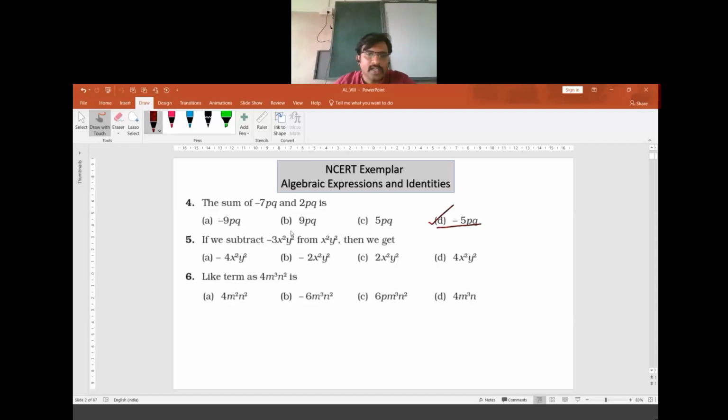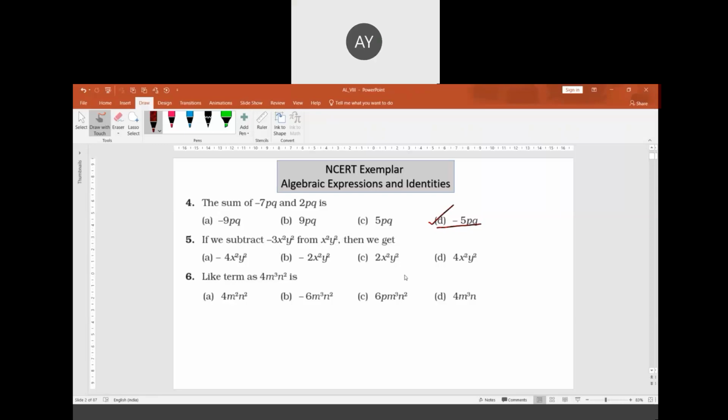If we subtract minus 3x square y square from x square y square, what do we get? Minus 2x square y square. 4x square y square, sir. Option D. Ashutosh was saying earlier it is minus 2x square y square.